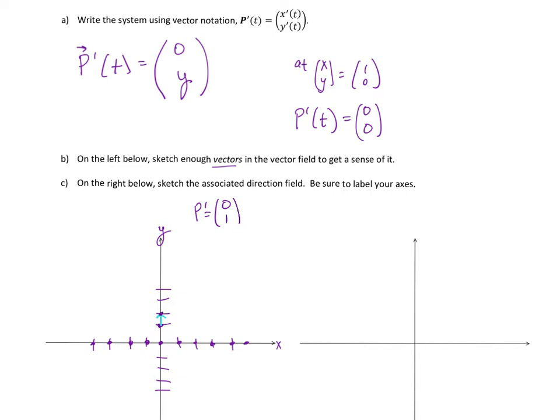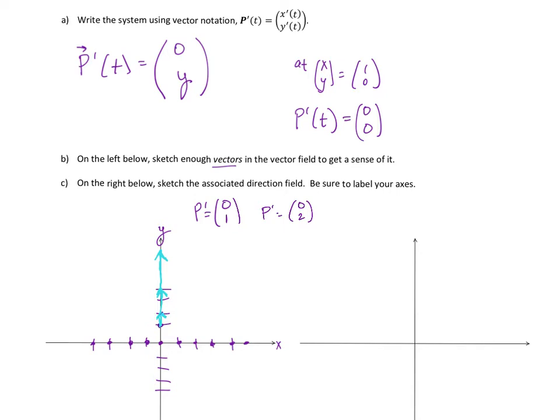My vector P prime would be 0, then the y coordinate, which is 2. So that's a vector over 0, up 2. And if I did 0, 3, that would be over 0, up 3, so a longer arrow. Okay, so there are a few vectors to start.